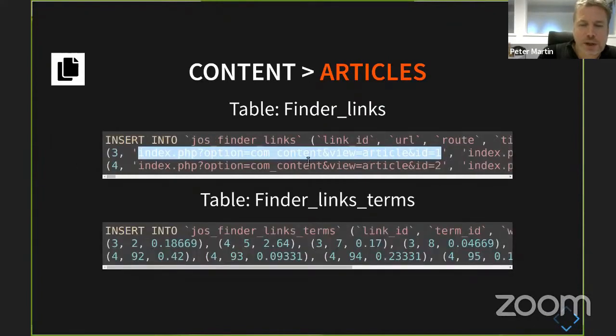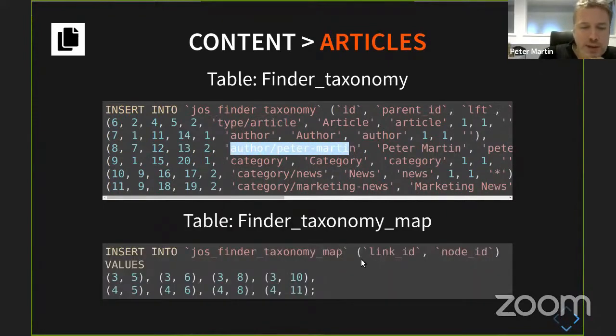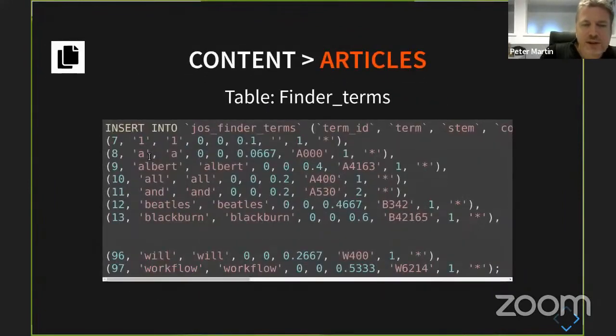But the terms again, we have the taxonomy again. And here we have, besides the content of the article, like type article, also the author, which will be stored in the taxonomy. And we have the taxonomy map, which maps the articles with the taxonomy. Then the finder terms.